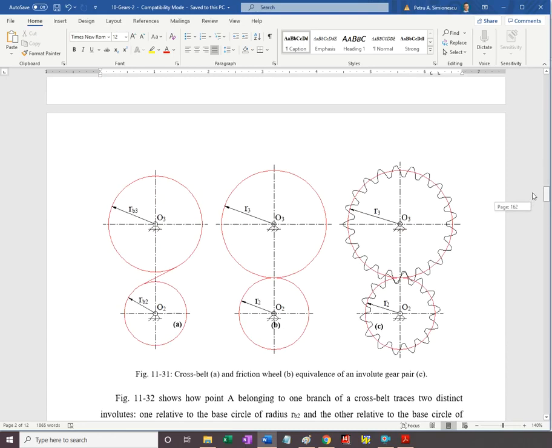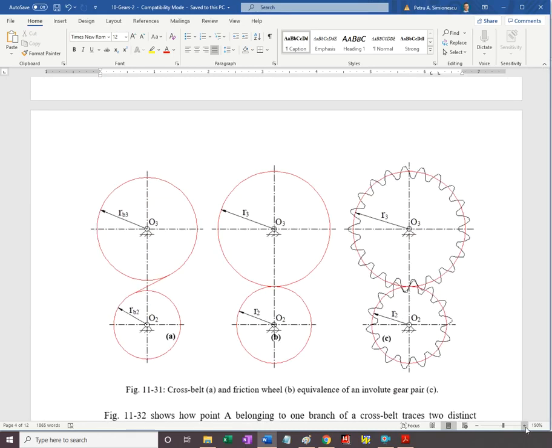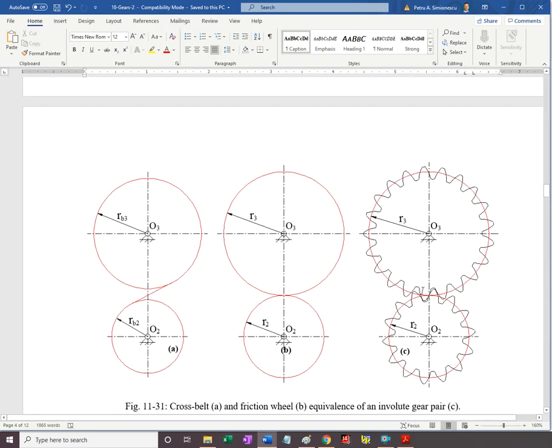External gears. So if you look here, we have the contacting surfaces. They are both concave. So being concave increases the Hertzian contact stress. Okay.